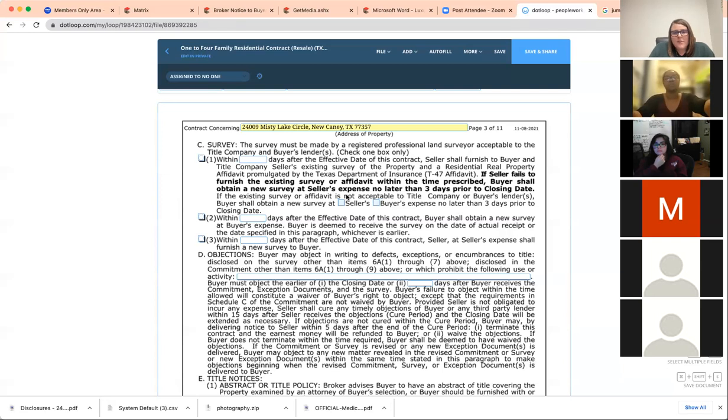So in a seller's market, I still have seen this be checked off at the buyer's expense most of the time. But that's not always the case. You could check seller. I personally come from a state, Florida, that required all new surveys. I think it's crazy that you're allowed to supply an old survey.